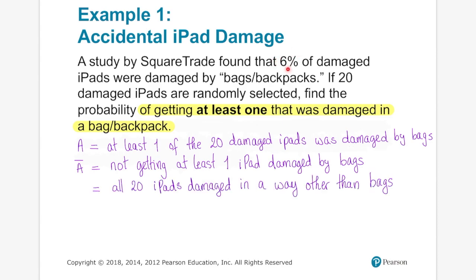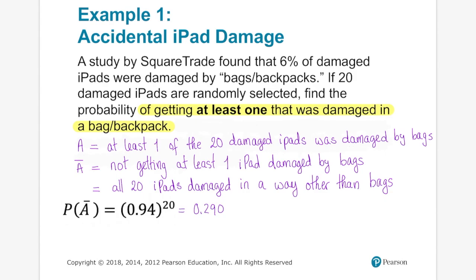Probability for one iPad getting damaged by bags is 6%. That means the probability for one iPad getting damaged other than the bag or backpack is 96%, and we have 20 of them. So P of A bar equals 96% to the 20, and that is 0.290.